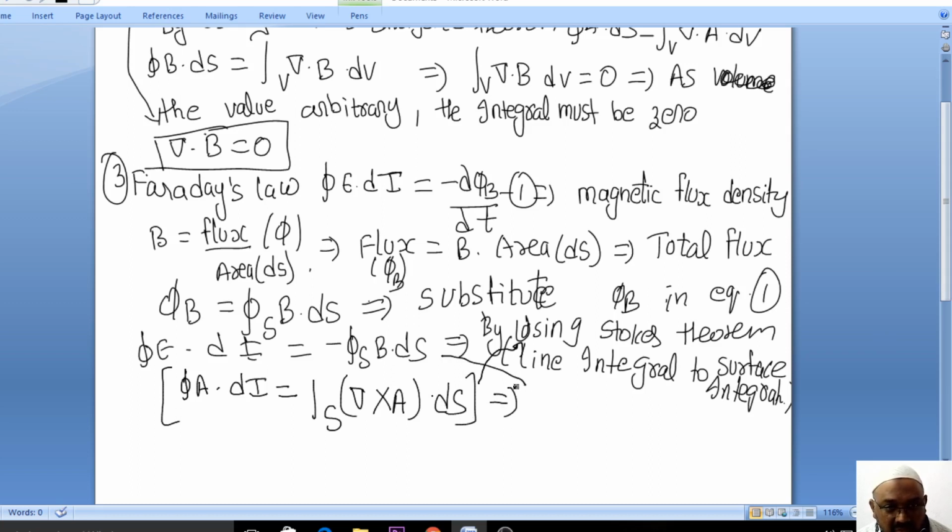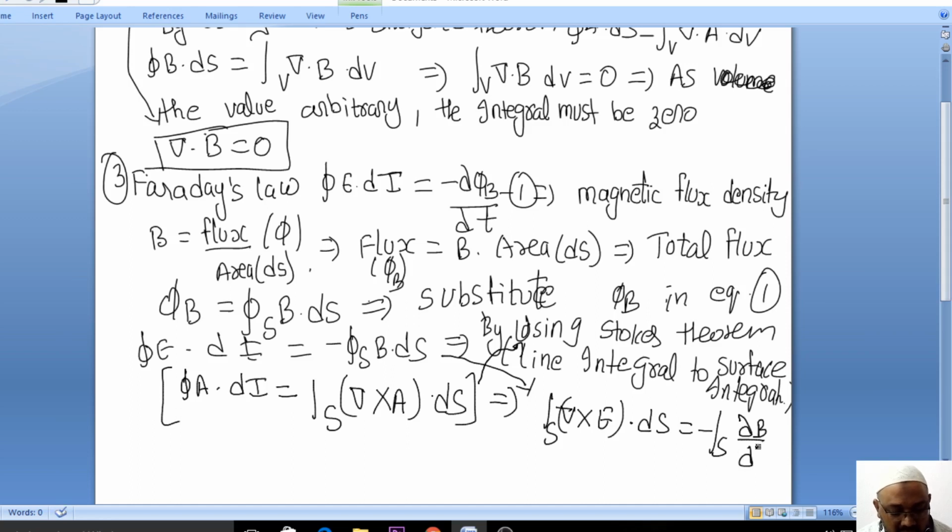This equation now becomes the surface integral of del cross E into ds is equal to minus the surface integral of, what do we write here? Dou B by dou t.